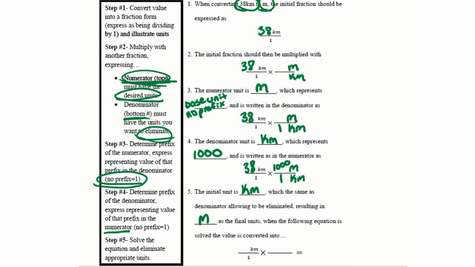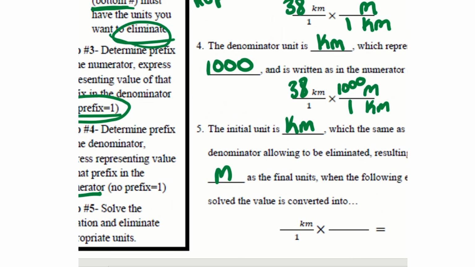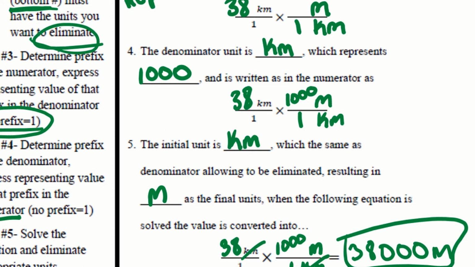So once again, let's move all of our values over to that last step. So we have 38 kilometers over 1. We know it's 1,000 meters over 1 kilometer. And as we said, the kilometers can be crossed out. So in reality, all we're doing is multiplying 38 times 1,000, 38,000 meters.